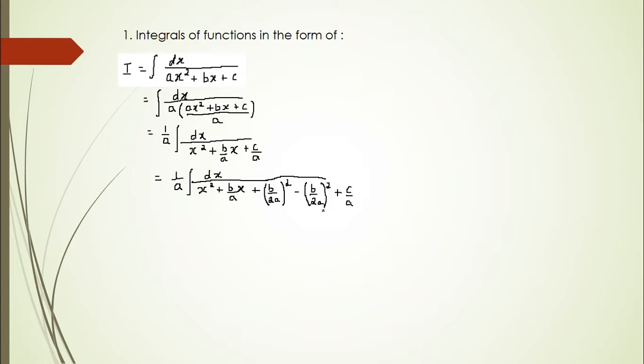Got it? Now I'll rewrite this as 1 by a integral. Now this particular portion I can write as x plus b by 2a whole square, right?